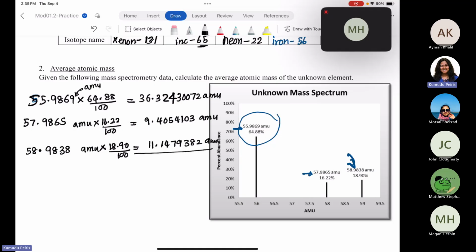And then you will add all these three answers together to get the average mass.